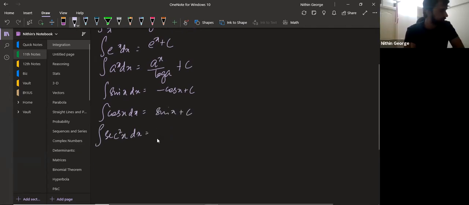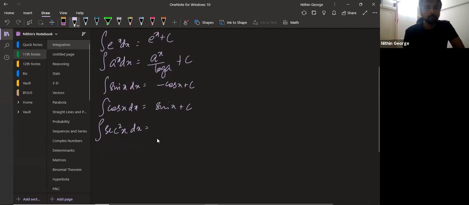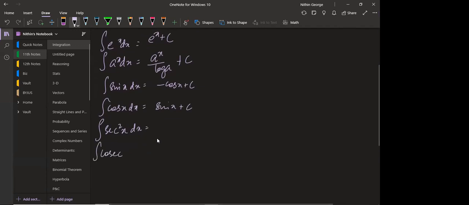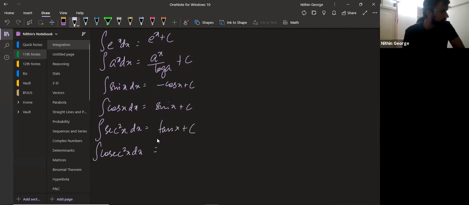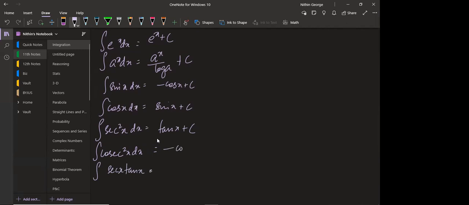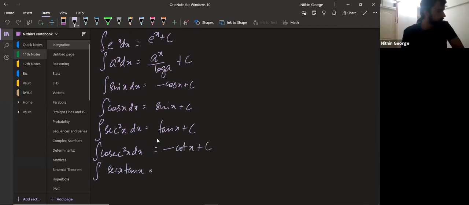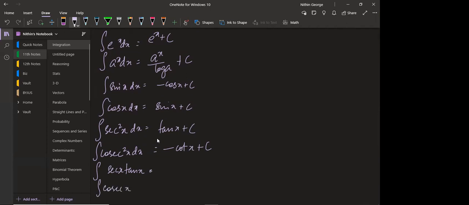Sec square x dx: tan x plus c. Cosec square x dx: minus cot x plus c. Good. Sec x tan x: sec x plus c.